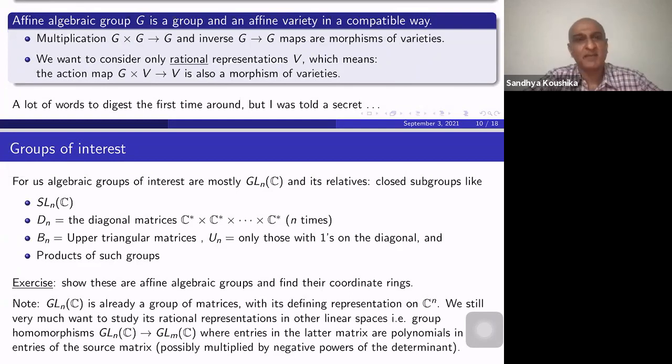Strictly speaking, I'm allowed to take the inverse of the determinant, but I can just multiply enough times by the determinant and say that the entries should only be polynomial. We'll see lots of examples of such things very shortly. So what I'm trying to emphasize here is that rational representation theory of GLN is a very concrete object.